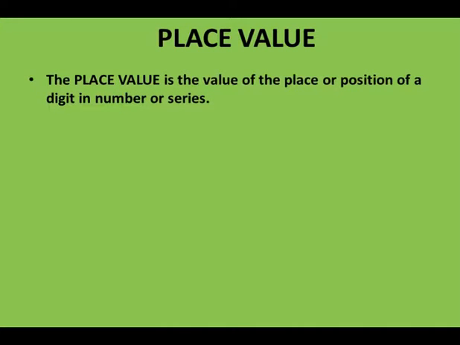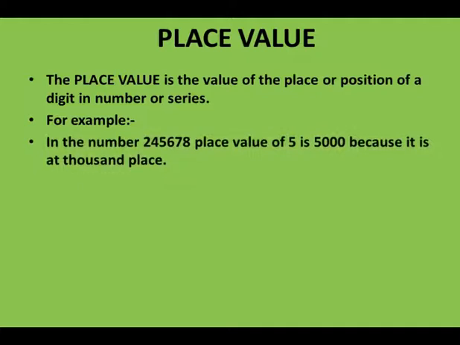So first we are reviewing place value. The place value is the value of the place or position of a digit in a number or series. For example, we have been given the number 2,45,678. Here the place value of 5 is 1000 because it is at the thousands place.